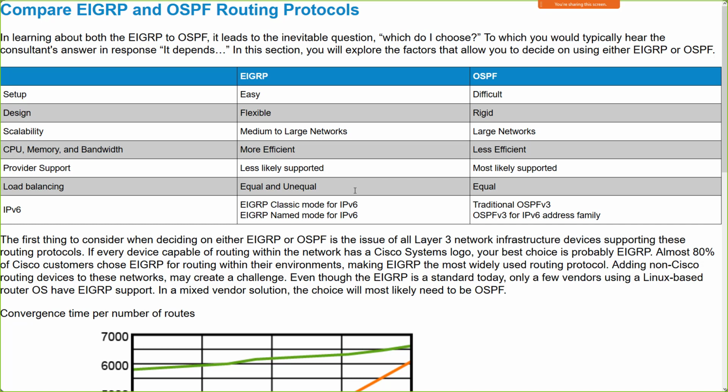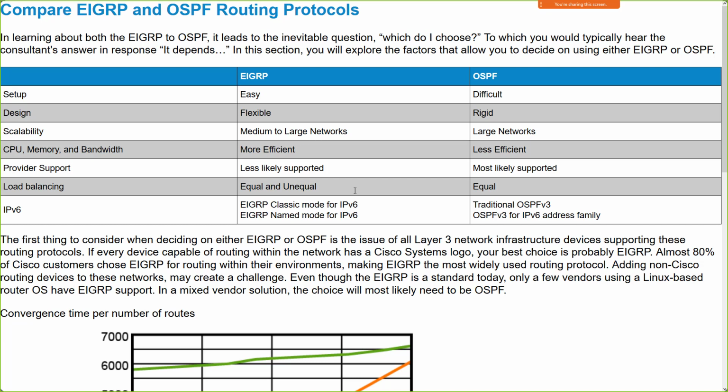We can choose to summarize at any point in the network, whereas with OSPF, we can only summarize on ABRs and ASBRs, and we have specific area designs that we have to take into account with regard to how many routers can exist in an area, how those areas can be interconnected, and so on. But with EIGRP, it's implemented as a single autonomous system, so it's a very flexible design in that regard.